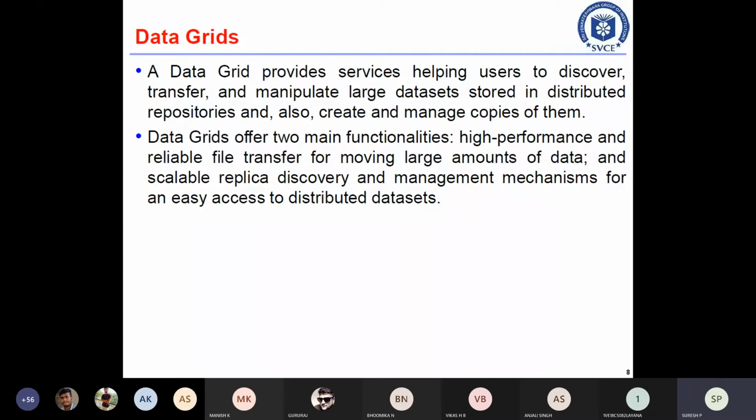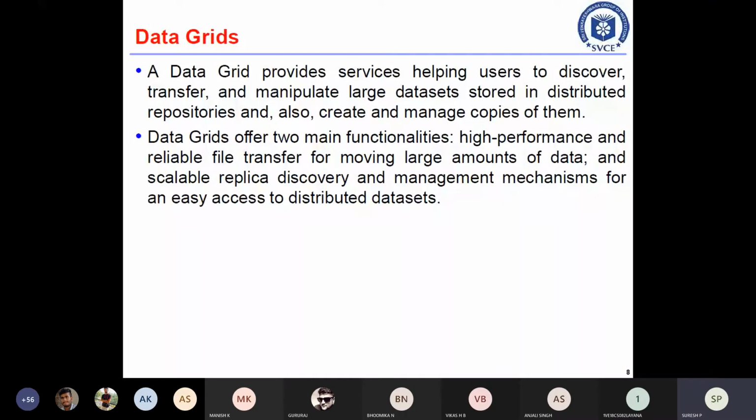Okay. So what are the services it is going to provide? It is going to provide you the service of discovering the data, transferring the data, and manipulating the data. These data are stored in remote repositories. Okay, so these data sets are stored in distributed repositories. So these are the different services your data grids are going to provide you.